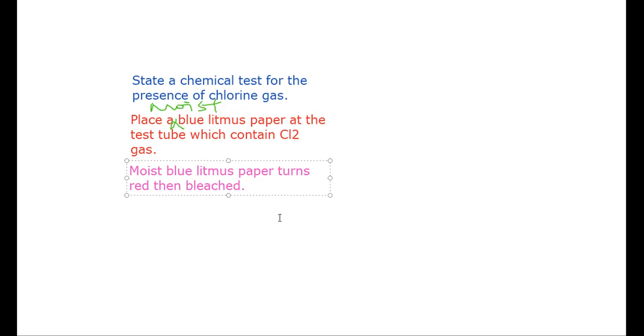Okay. Now, this is the observation. Now, I want you to recall when we are writing a chemical test, number one, we are going to use the method. Start with the word place and action. What is the substance that you are using? Moist blue litmus paper. Then we are going to write the observation. The pink color here will be the observation. Okay. Now, what does it show? It actually shows the presence of the chlorine gas.